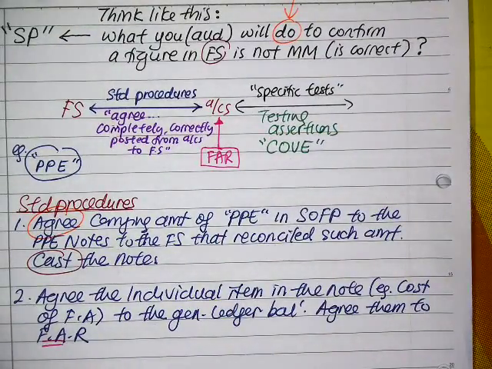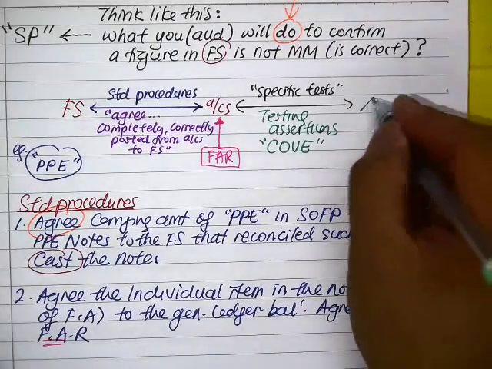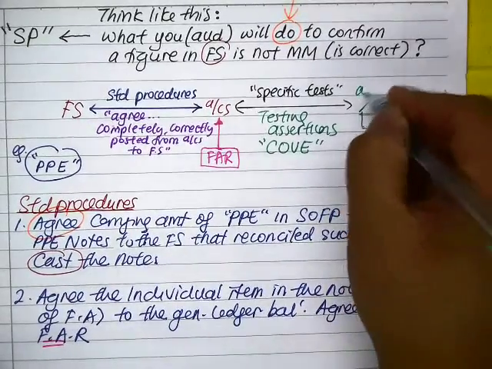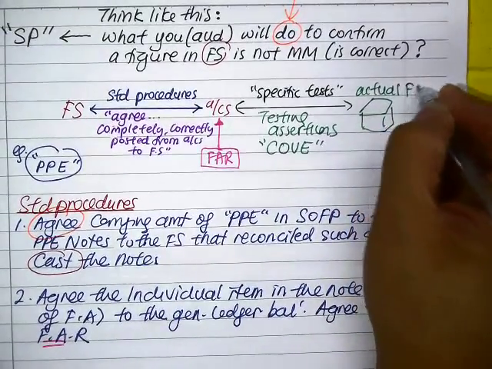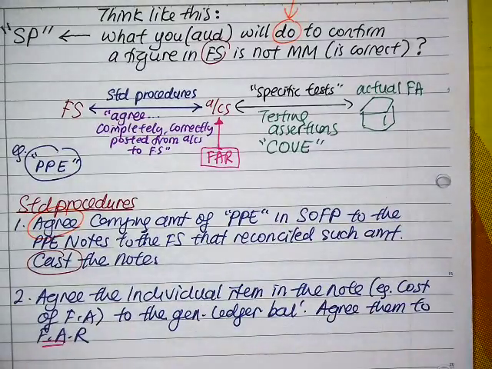As test code, you must be going back to your actual asset. Okay? The whole actual thing now, to prove that there's COB.